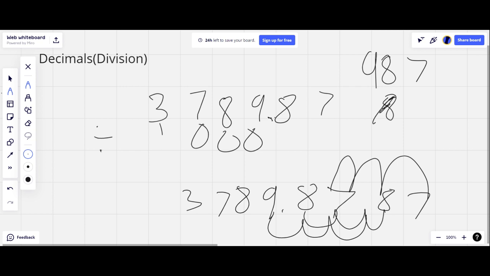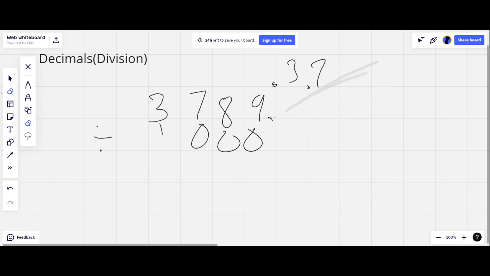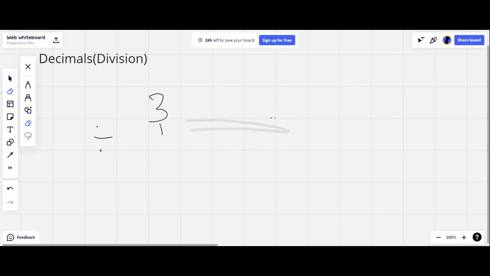And the decimal point stays here. And then the 8 jumps here, and then the 7 jumps there as well, and then the 3 jumps there. So our answer here, through all this great mess, would be 3.78987. Just massive confusing numbers.